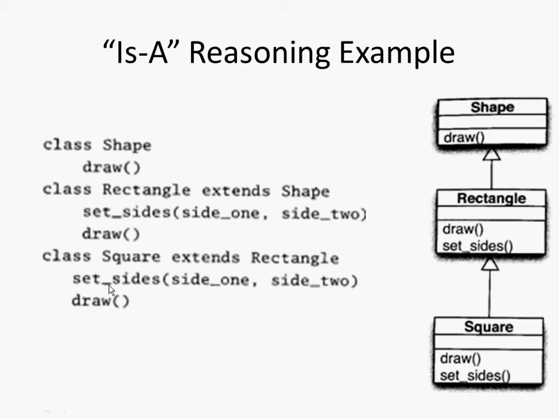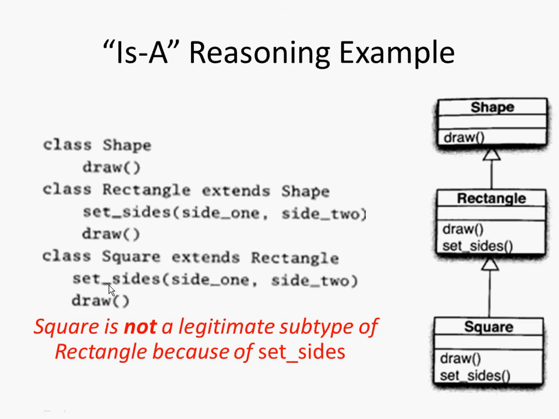So the answer is no because of set size. Now, I would note, however, that if square was immutable, all you did is you created it by specifying the value of the side, and that was specified in the constructor, and it stayed with that side after that, and you had get side 1, get side 2, or get sides, which returns an array of things for the sides.